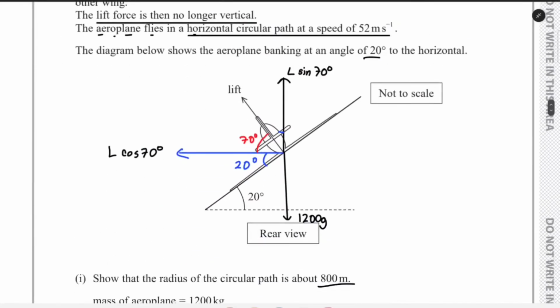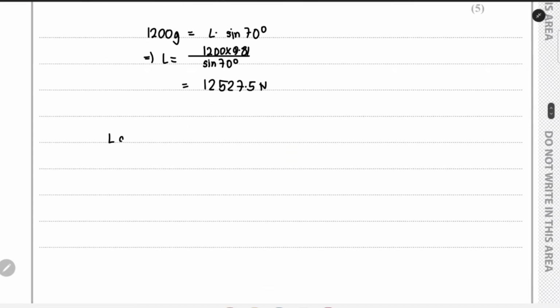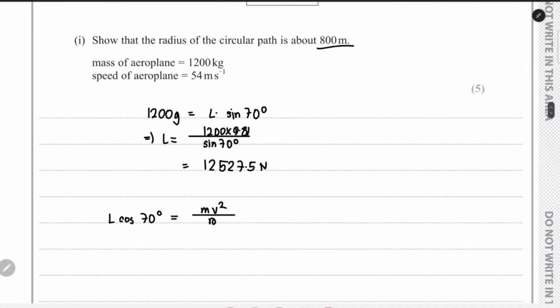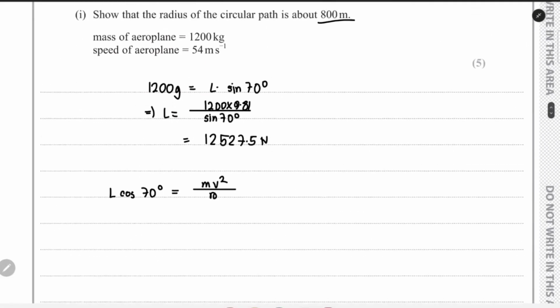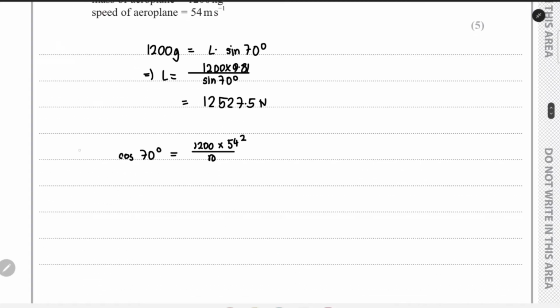Now the centripetal force is L cos 70. So L cos 70 degrees is equal to mv squared by r. Now we know the mass and the velocity. The mass is 1200, the velocity is 54. I just have to find the radius. We also know the value of L, this is 12,527.5.